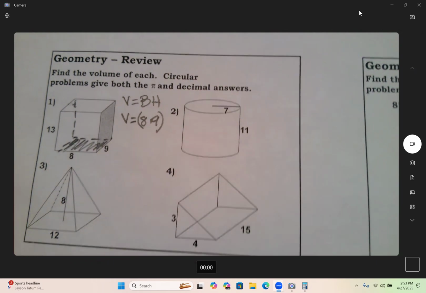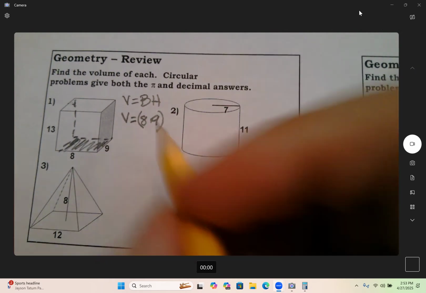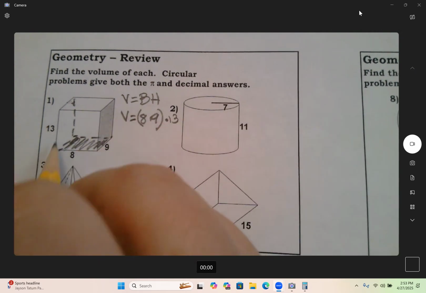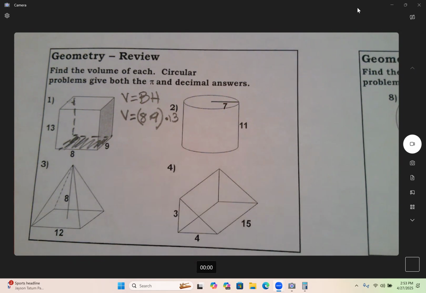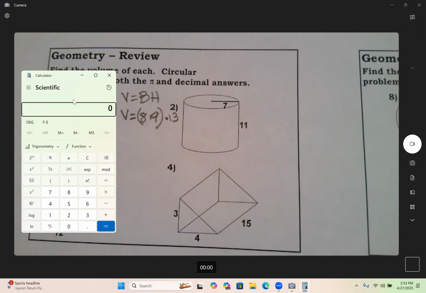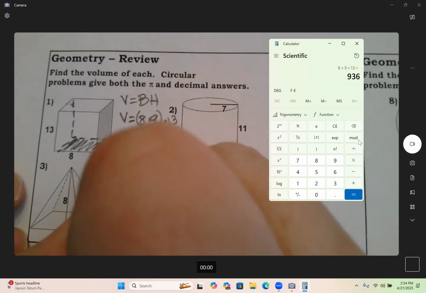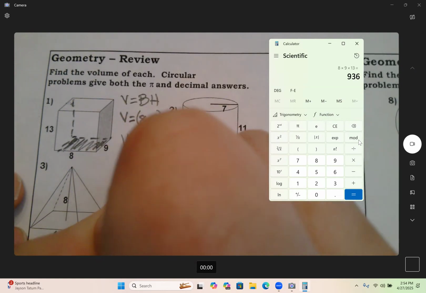And then the height of that figure is 13, the height of the prism, meaning the distance between the two parallel bases. All right, so then we're just going to use our calculator and do the calculations. So we do 8 times 9 times 13, which in this case is 936. 936 is the volume.